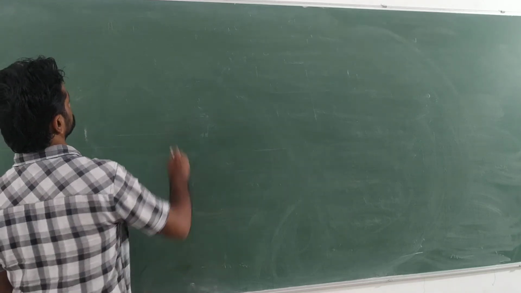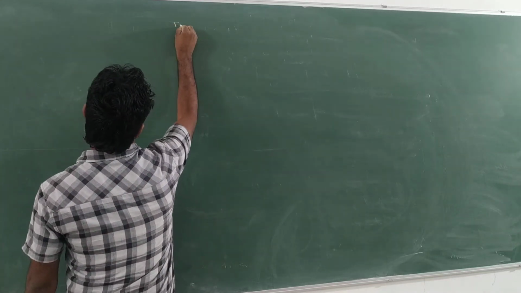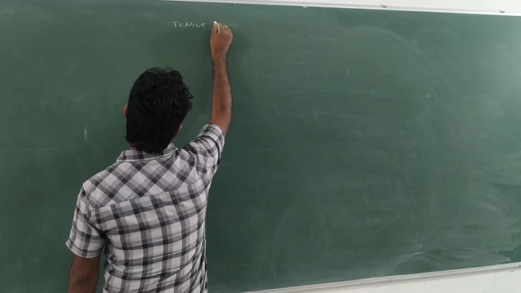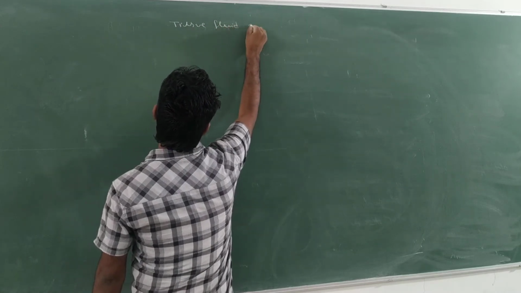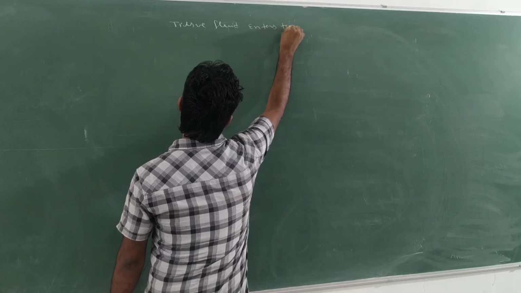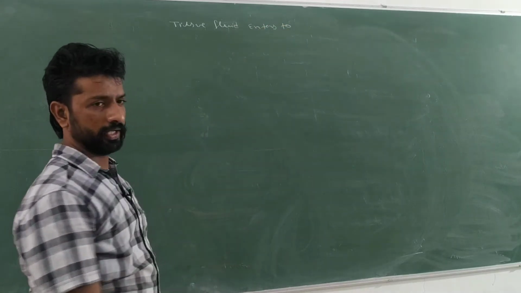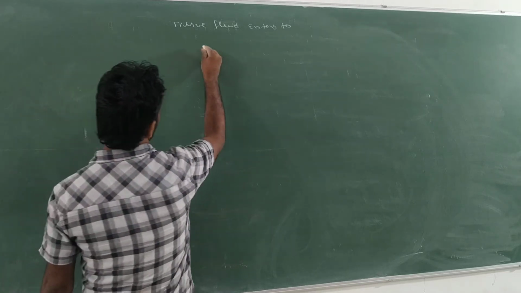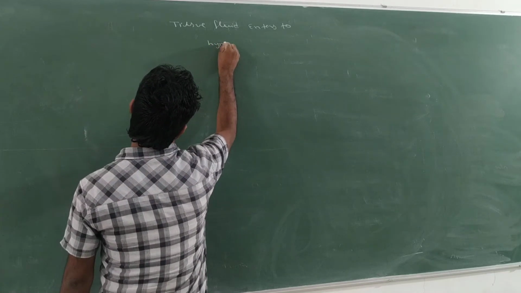Vessels, right? Then it is called as lymph. So the tissue fluid enters into the network of lymphatic capillaries, we said, right? So it enters into the lymphatic capillaries first.